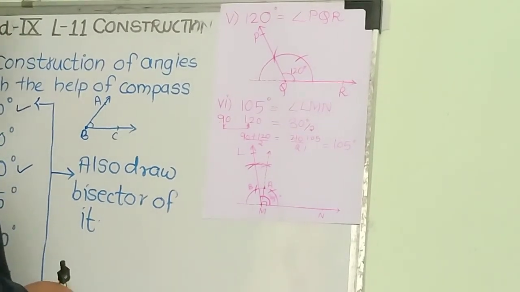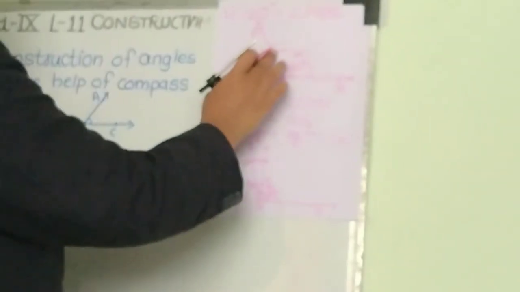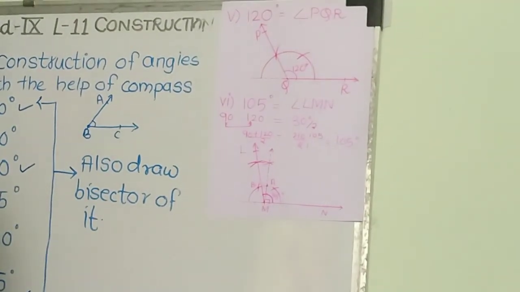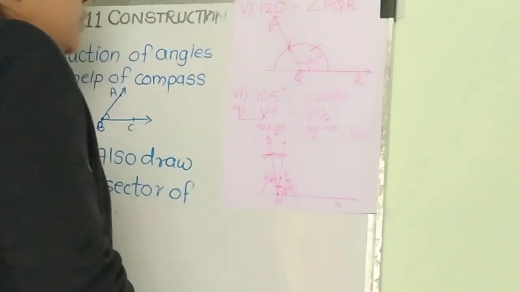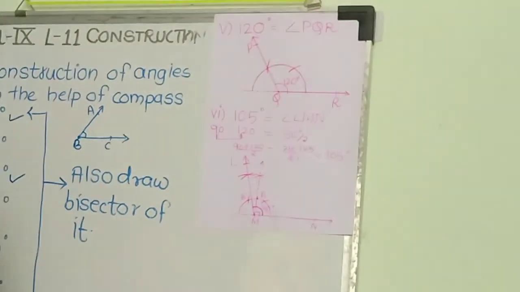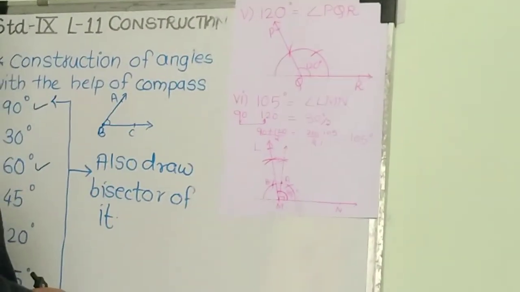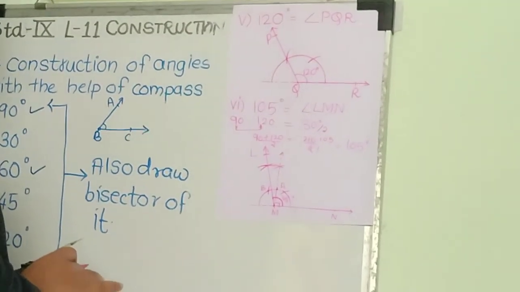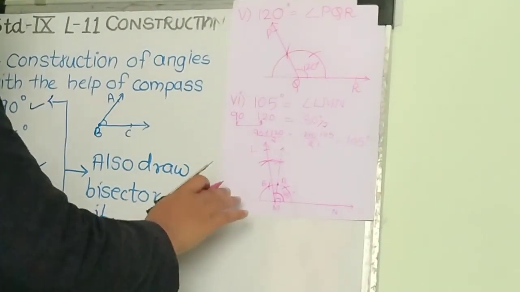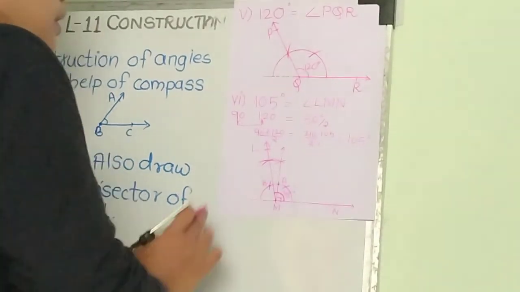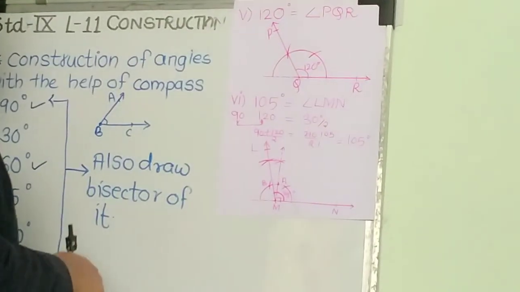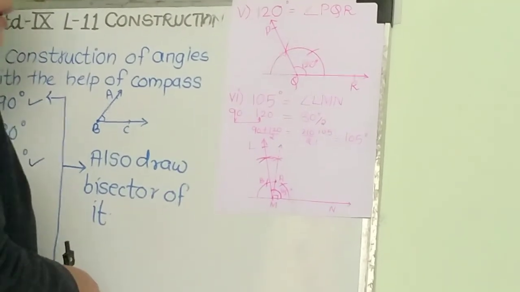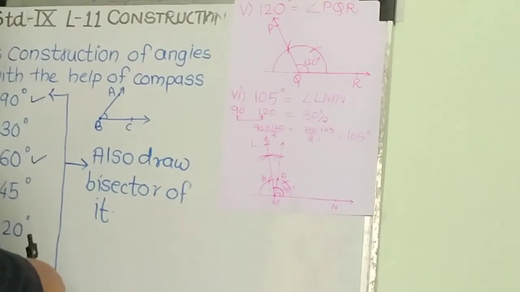So at home you are going to draw the bisector of 120 degrees and 105 degrees as practice. Today's homework is to draw whatever I teach in your notebook, and after this you are going to solve exercise 11.1 in your notebook.